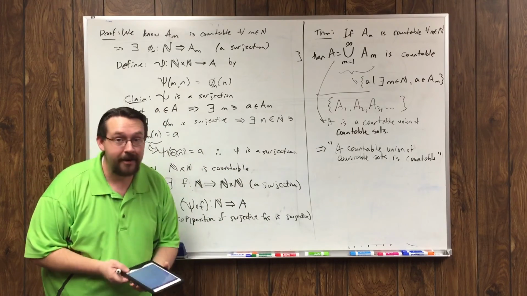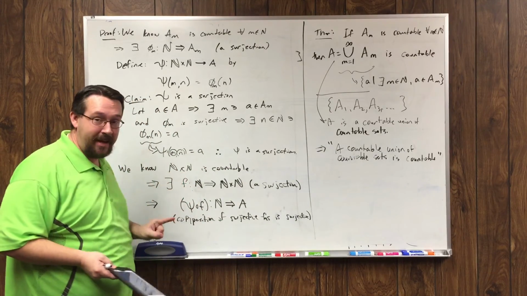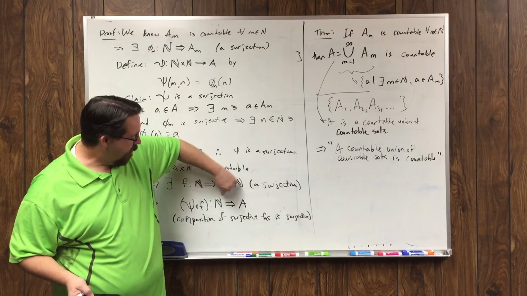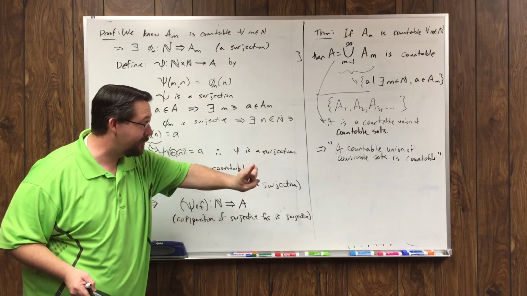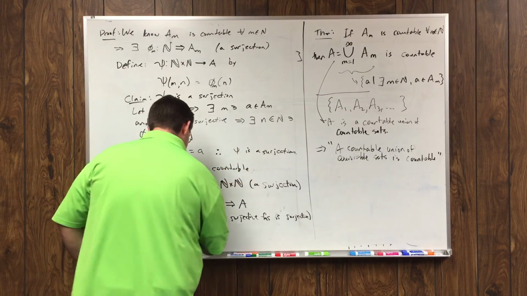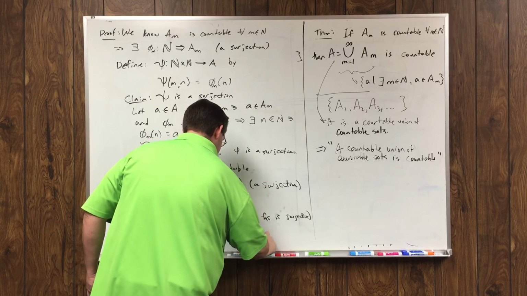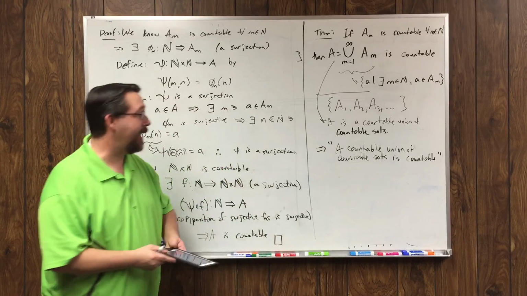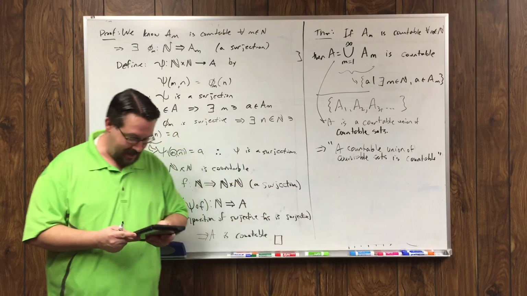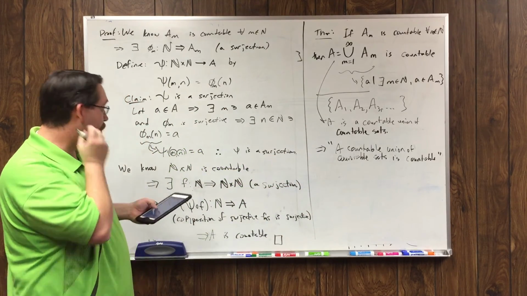Now, I'm done. I have found a mapping from the natural numbers onto A that is surjective. Therefore, A is countable. Done. The countable union of countable sets is countable.